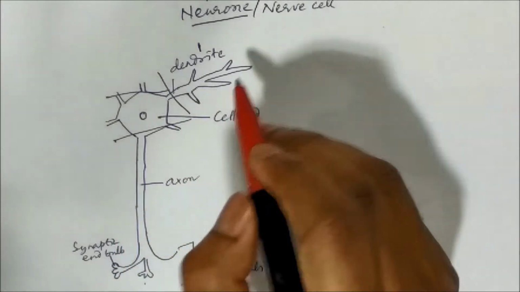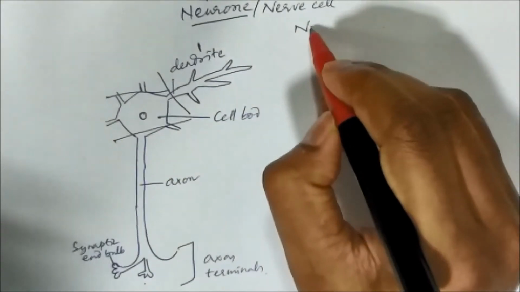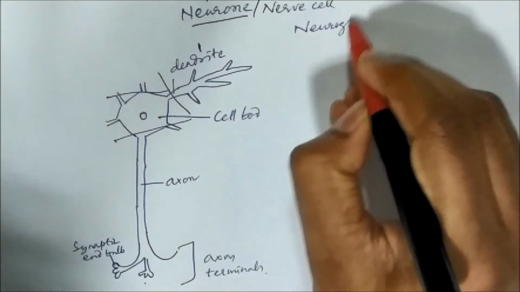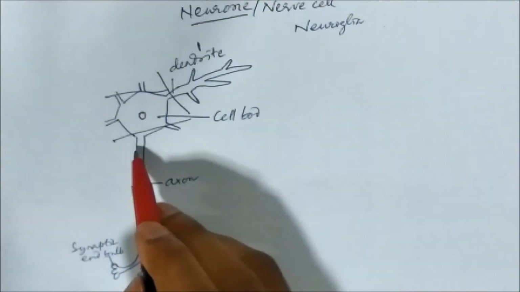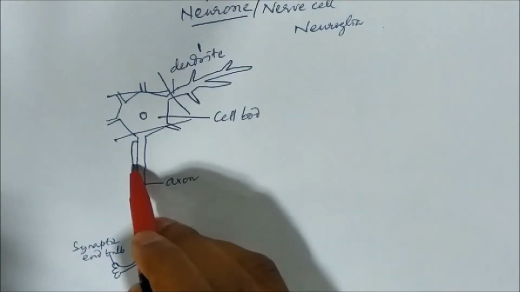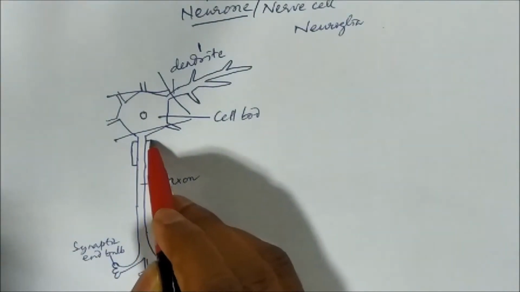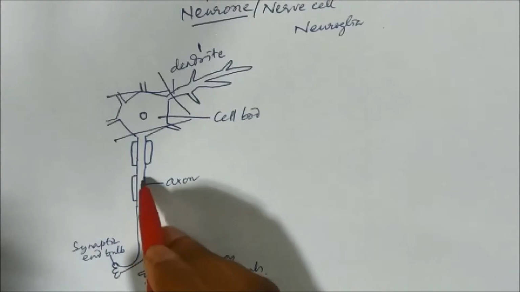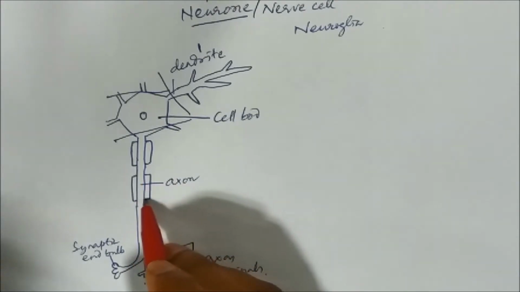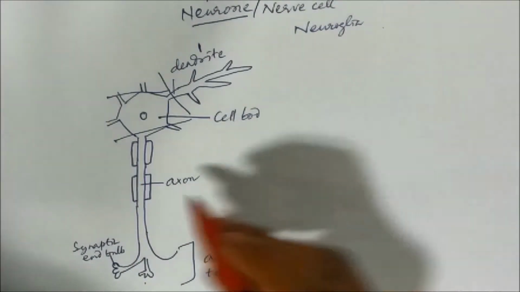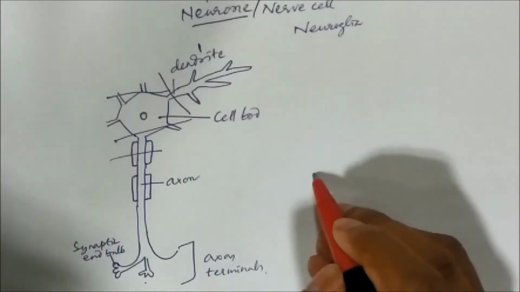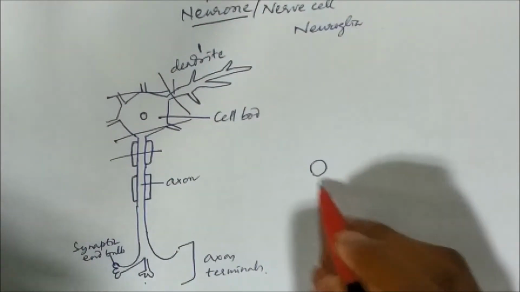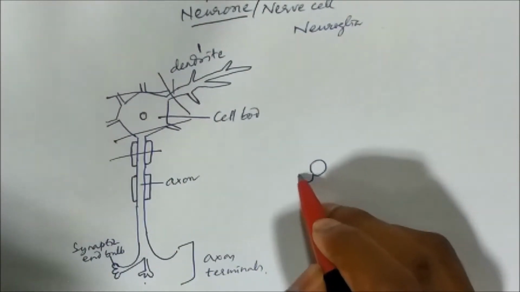Now the supporting cell, we know, is called neuroglia, and one of the neuroglia surrounds this axon, okay? If we take a transverse section of this, it will look like this.